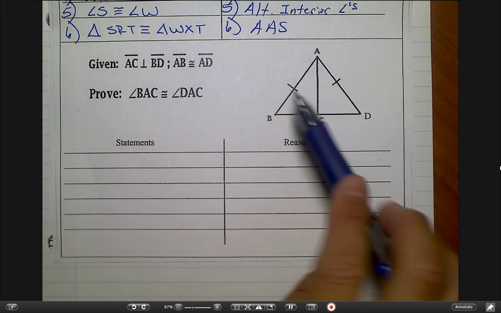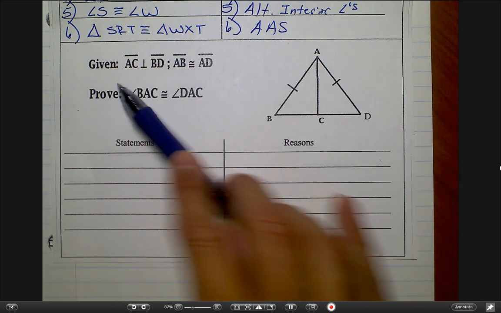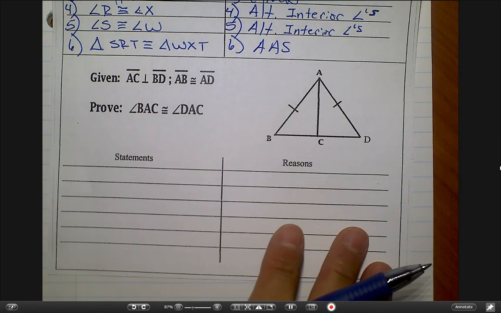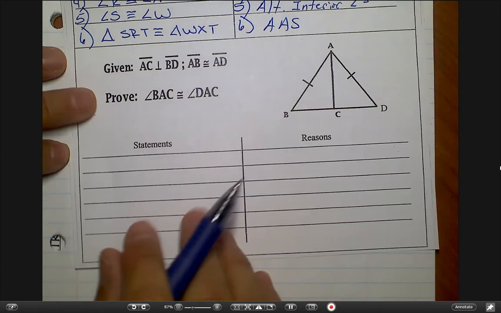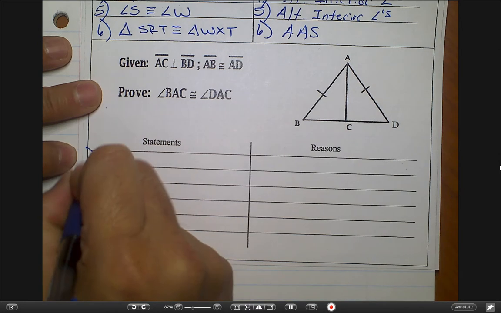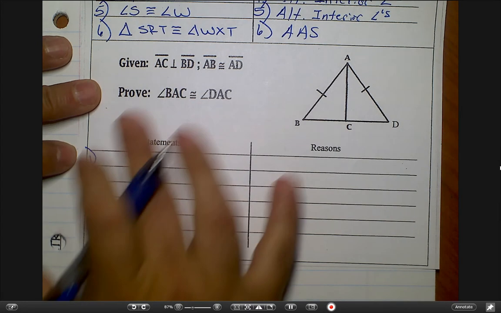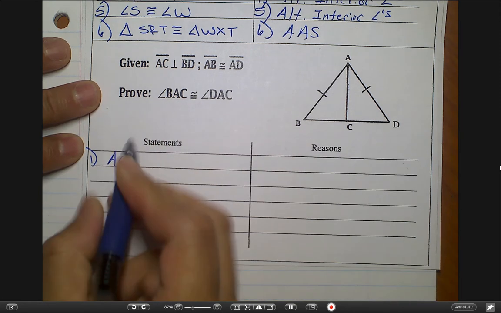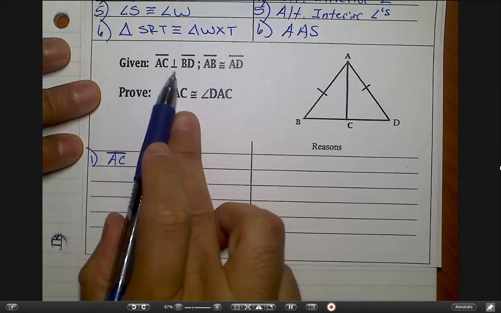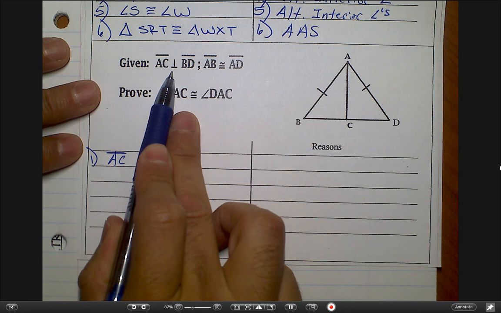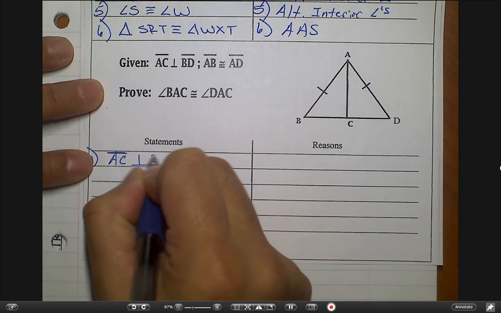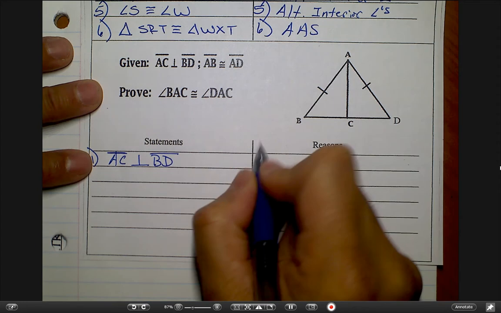Okay, so now I have a whole bunch of givens right here, right? Let's start with my given. I'm going to put them down one at a time. So it's AC. Now, what does that symbol right there mean? Perpendicular. Very good. AC is perpendicular to BD, that's my given.